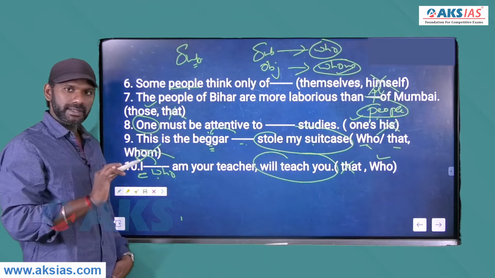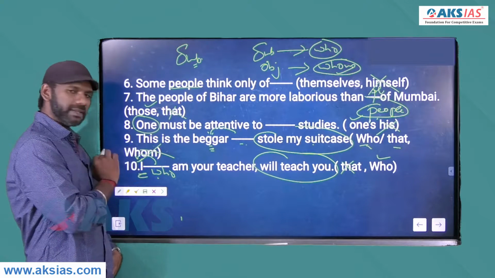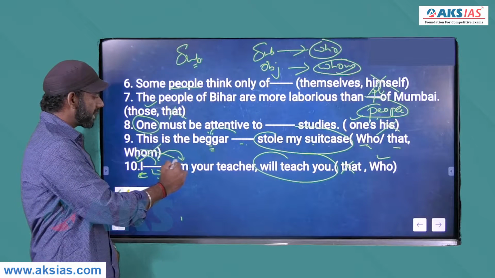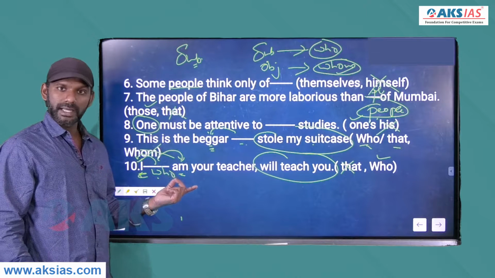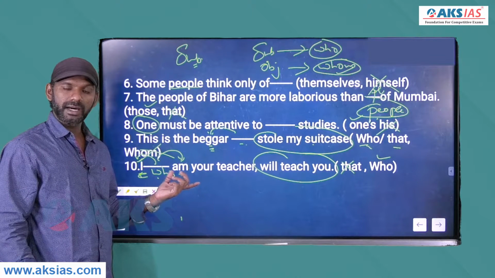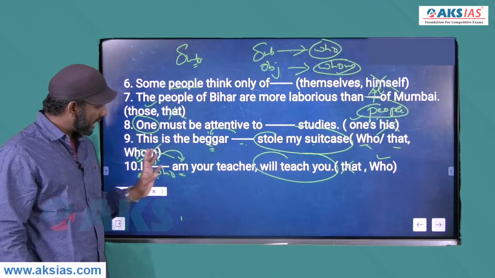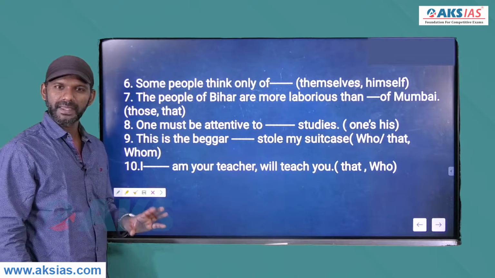The noun or pronoun does not matter. A pronoun stands for a noun. The pronoun that comes immediately before who is I. And the verb that comes immediately after who is am. Right. With I, we use am. We cannot use is or are with I. With I, it must be am. So I, who am your teacher, will teach you is completely correct. Getting it?